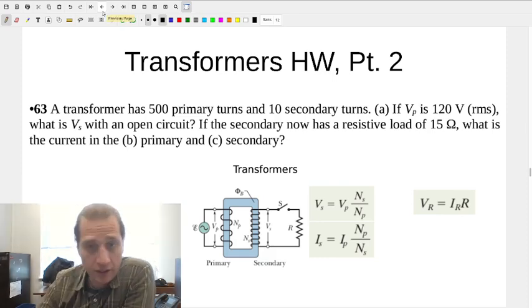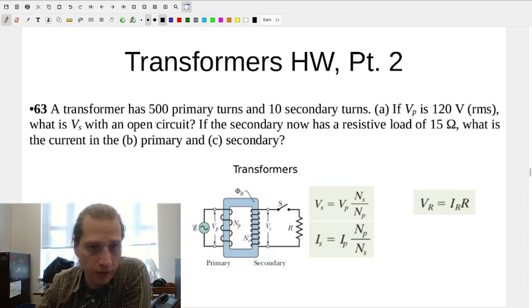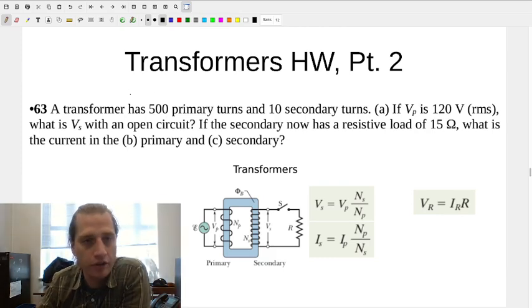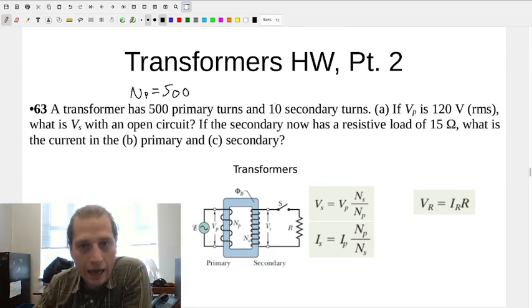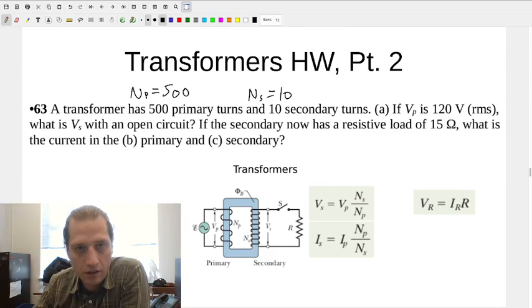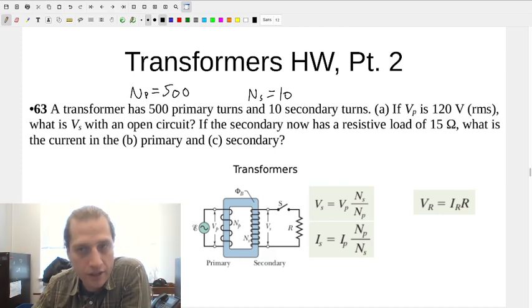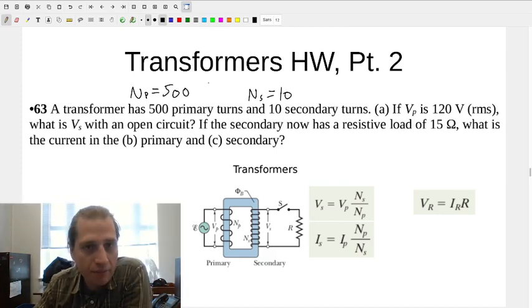Now, here's a second problem for you to think about a little bit. I'll try to help you set it up. It says a transformer has 500 primary turns, so N_P equals 500, and 10 secondary turns, N_S equals 10. So this means you have more loops on the first one than the second one, so the voltage here is getting stepped down.